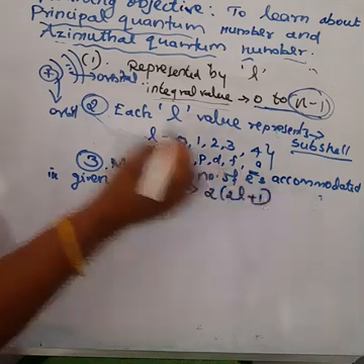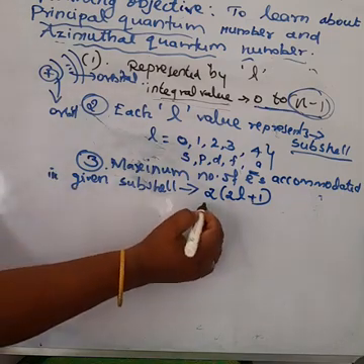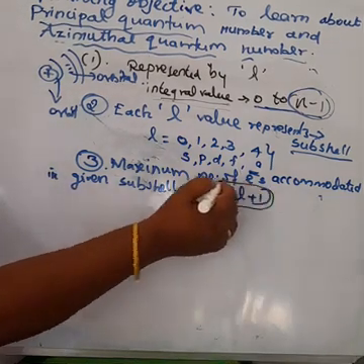Maximum number of electrons that can be accommodated in a given subshell or orbital is 2 into 2L plus 1. Understood?